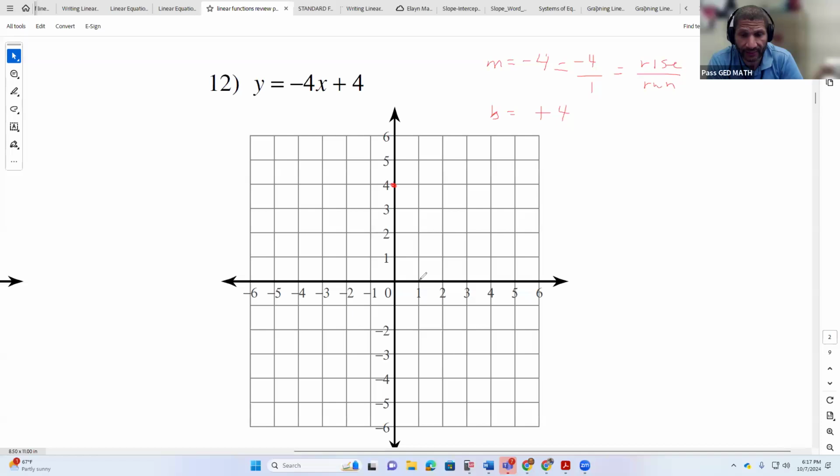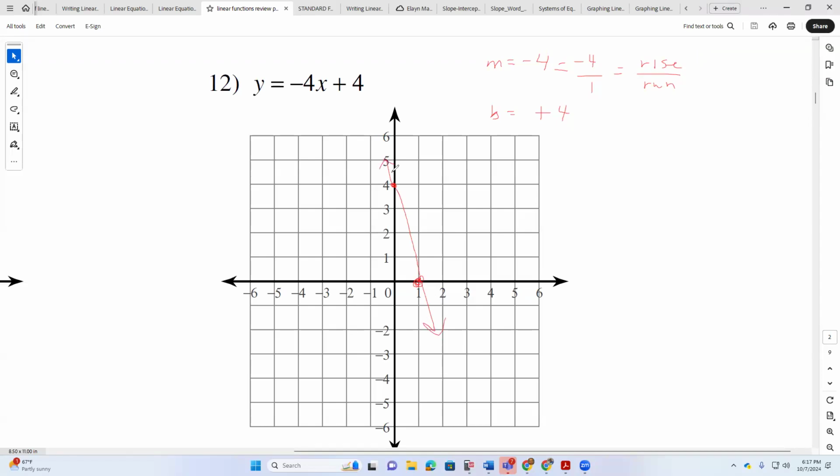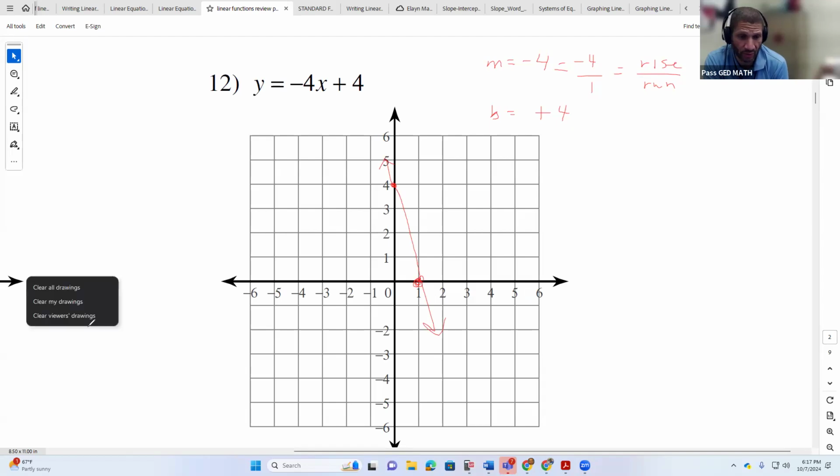How many? 1 time. So now I got my second point. Then I connect them, and I got my line. So I'm always starting with the y-intercept as my first point, and then I use my slope: rise over run.